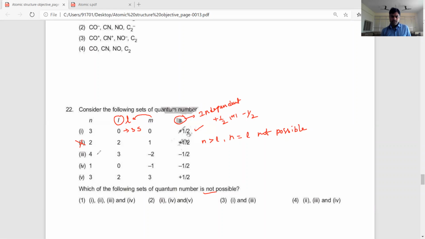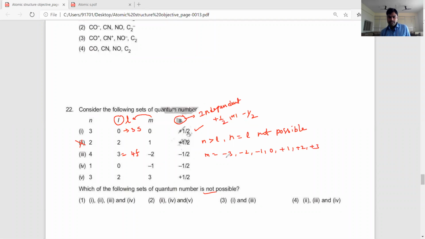Let's see the third one. n is equal to 4 and L is equal to 3. L is equal to 3 means it is f, that is 4f. For 4f orbitals, the possible m values are -3, -2, -1, 0, +1, +2, +3.